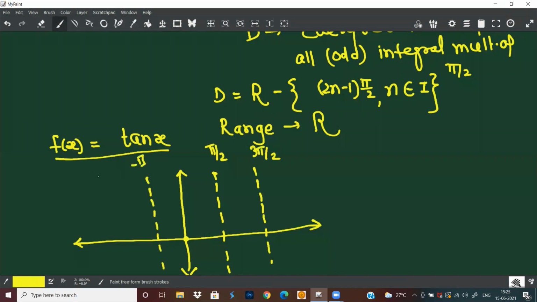Minus π/2. Minus 3π/2. See, they are the x coordinates. X is π/2, 3π/2, minus π/2, minus 3π/2. Like odd multiples, plus ho या minus ho. Odd multiples of π/2.